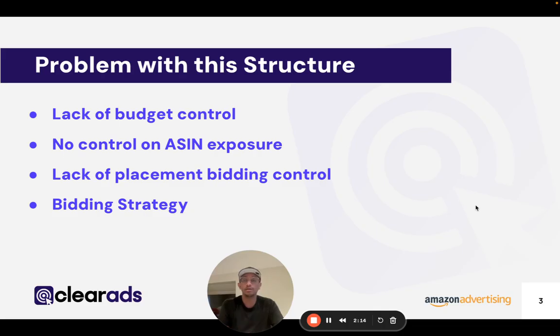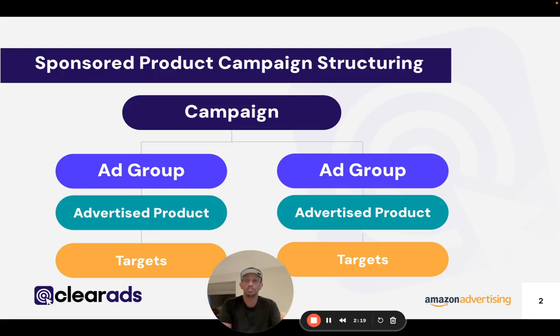The second thing to bear in mind is there's no control over the exposure you have for each ASIN. Within a particular ad group, if you have 3 or 4 different products being advertised, you have no control over which one appears more often. So you want to make sure you have each product advertised.